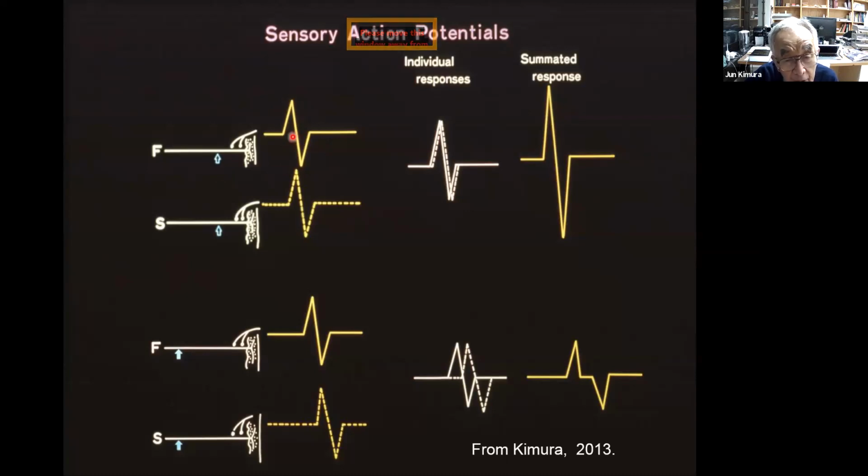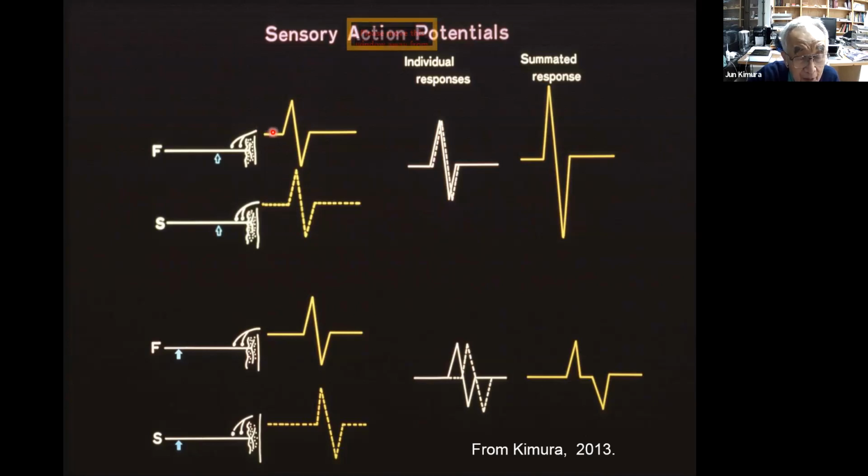And the unit discharge, although not written in here, is 2 millisecond duration. Negative peak is 1 millisecond, and positive peak is 1 millisecond. So this is about 2 milliseconds. Now, when you stimulate the slow conducting axon at the same spot in the wrist, you get a dotted unit discharge, which is the same here. But because this is slow, your latency is a little delayed compared to this.